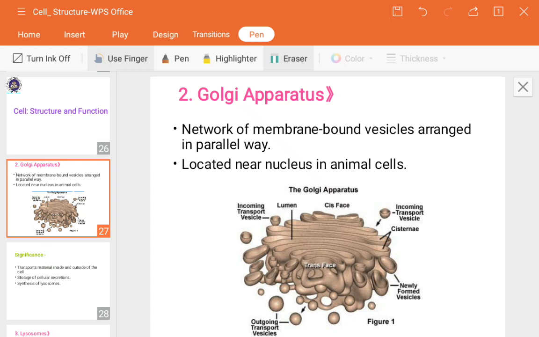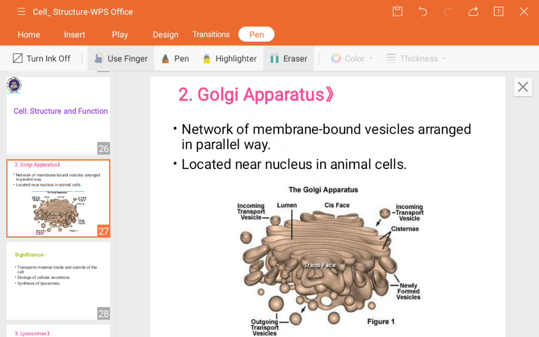In the case of plants, they are just embedded anywhere, and they appear in a number of ways. There is no specific place for the Golgi apparatus in plants. They are scattered, freely distributed in the plant cells.